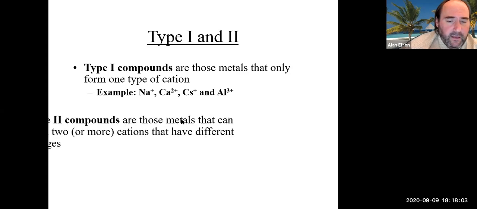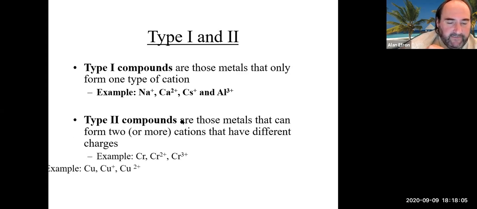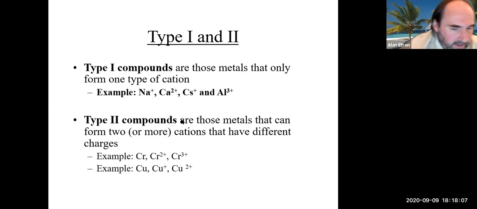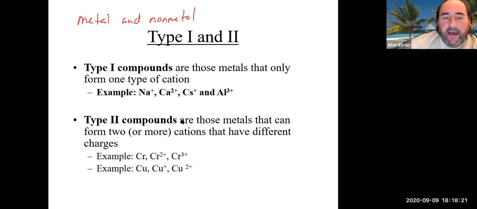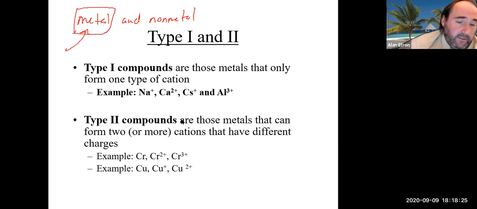So what really is the difference between a type 1 compound and a type 2 compound? A type 1 compound is a metal and a nonmetal. And whenever you take a metal and a nonmetal together, the really important one to look at is always the metal. And in a type 1 compound, the metal has a fixed charge.